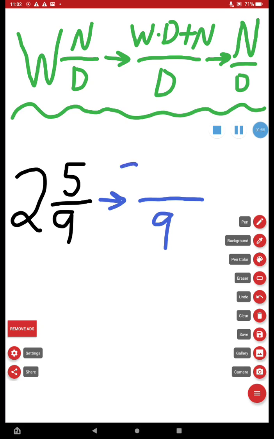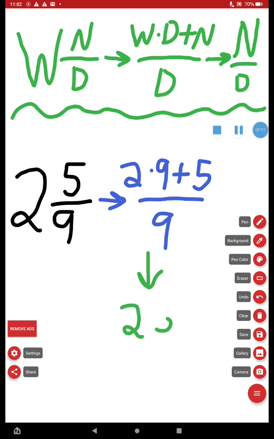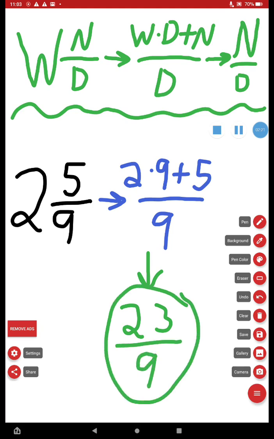So now I do 2 times 9 plus 5. Okay, now you tell me. 2 times 9 is 18. Very good. 18 plus 5 is 23. Excellent. So my final answer I get is 23 over 9. And that's where you stop today. I don't want you to find the reciprocal today. We're just doing more practice of finding that improper fraction.